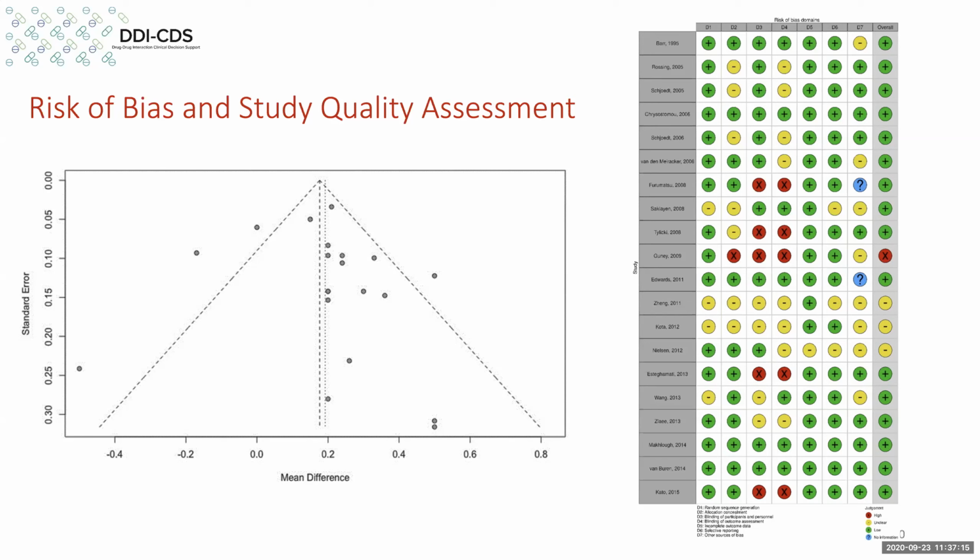All of those green circles are studies that have a low risk of bias. We also have 3 studies where it wasn't clear to assess all the domains, so those are in yellow, and they have an unclear risk of bias. And then we have one study, the red one, from 2009, that has a high risk of bias.